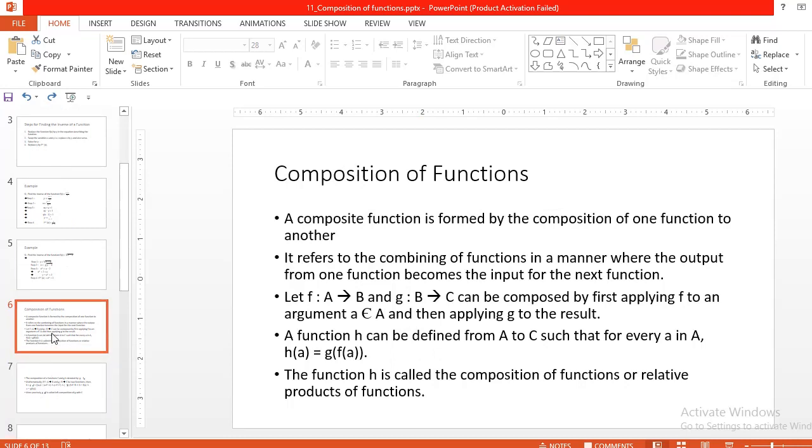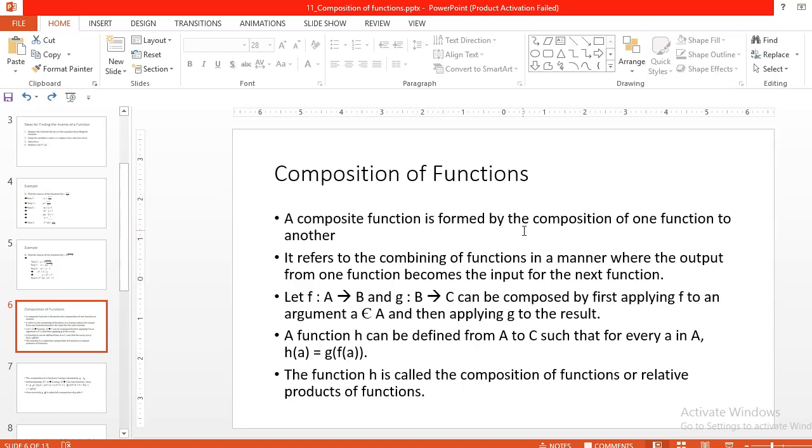Now take the next point, composition of functions. A composite function is formed by the composition of one function to another. That's why it is called a composition of functions, or composite function. So what is a composite function?